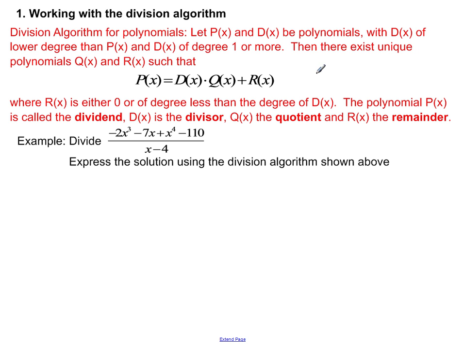Okay, that's a mouthful to say, but let's explore what this actually means by starting with a polynomial. And we know how this polynomial division would work. We've done long division and synthetic division in the past, and we know how that should work out. What does all of this stuff mean? Well, let's rewrite this just a little bit.